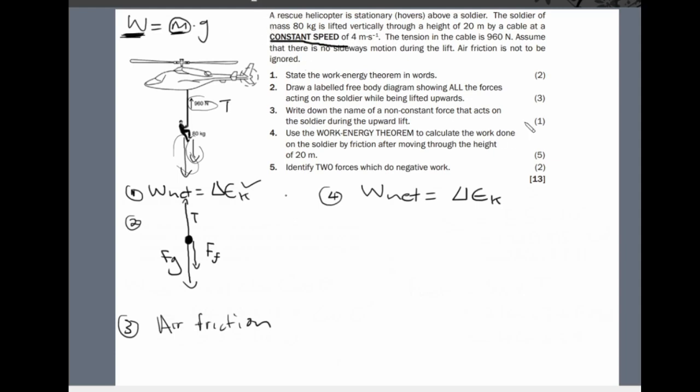If he's moving at a constant speed, there is no change in kinetic energy, because remember, the change in kinetic energy is the final kinetic energy minus the initial kinetic energy, right? That is 1 over 2 m vf squared minus 1 over 2 m vi squared.